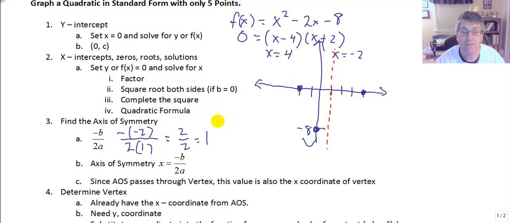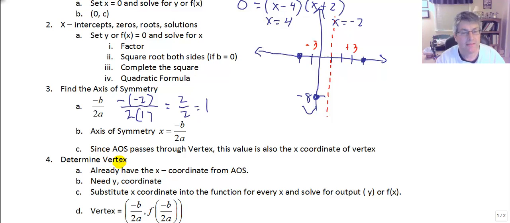So we could have eyeballed this from the x-intercepts in this case. We can see that this is 3 units to the right and 3 units to the left of our axis of symmetry. And since the axis of symmetry passes through the vertex, this value is also the x-coordinate of the vertex. So we already know now part of our vertex.